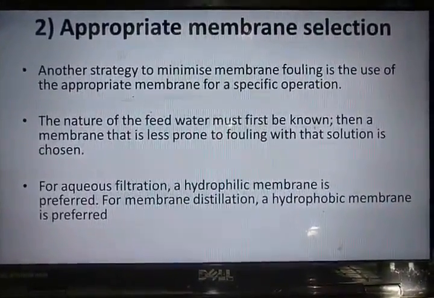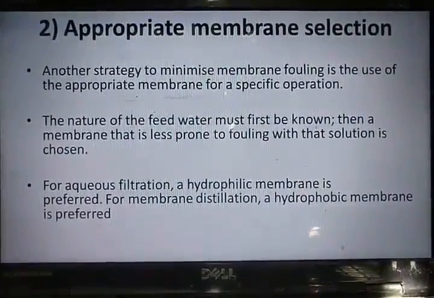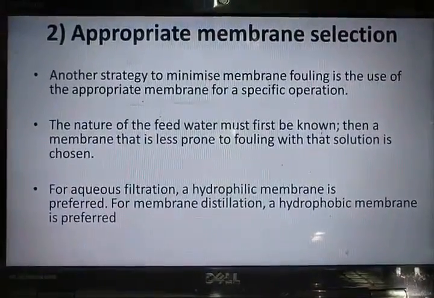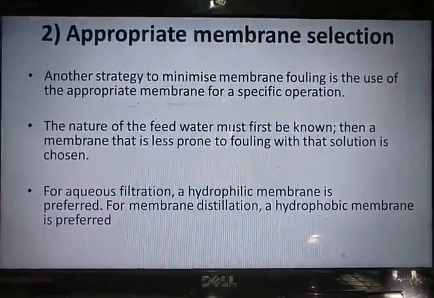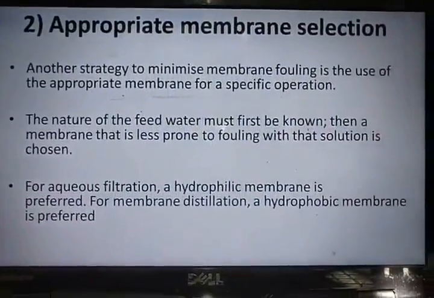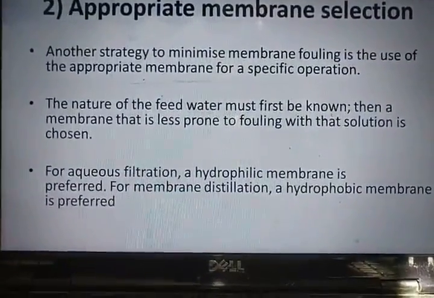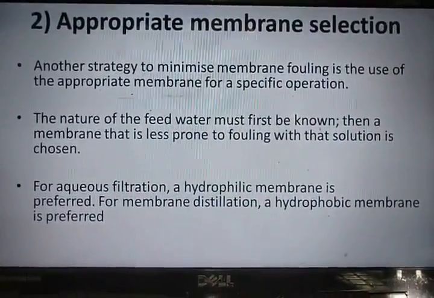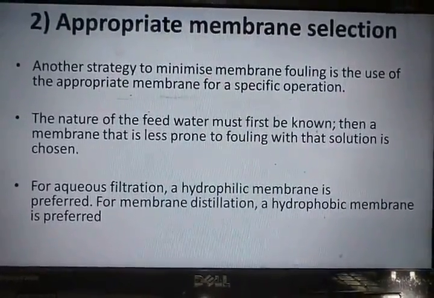Then appropriate membrane selection. Okay, so this is also one of the important parameters to reduce the fouling. That is, the nature of feed water must be known first. Okay, that means what kind of water we are using and treating with the help of membrane.